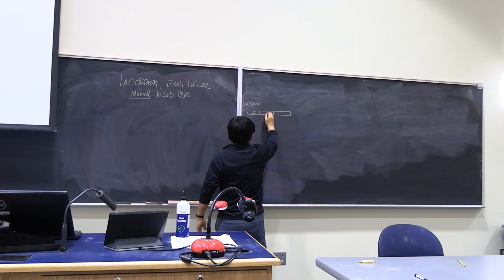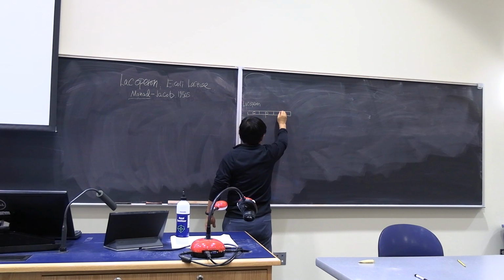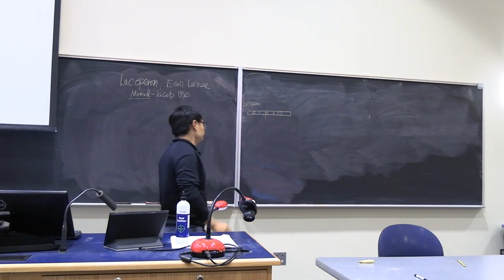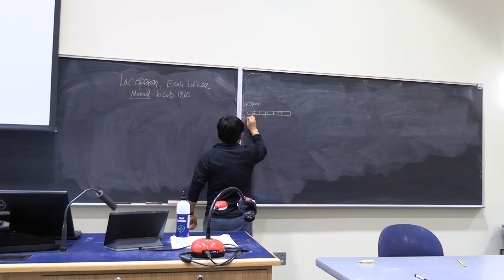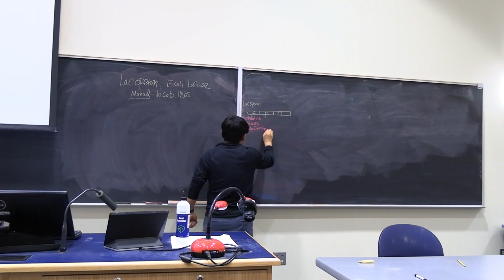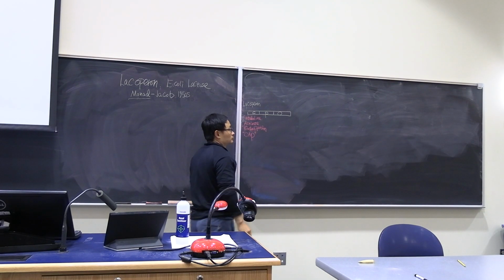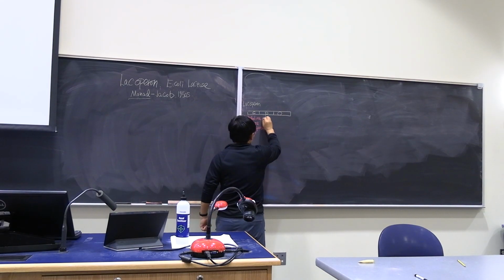It's C, P, O. What is C? Catabolite activator protein. We sometimes call it CAP. What is P? This is the promoter.